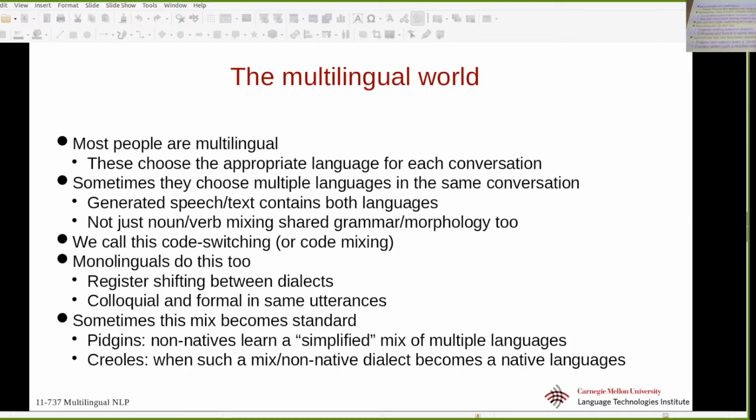Sometimes these forms of language come up out of necessity, where you have two groups of people who do not speak the same language, and what they're trying to do is find a lingua franca. They're trying to find a way to communicate. And what happens is a new language gets developed, and that new language is actually maybe a mixture of both languages.